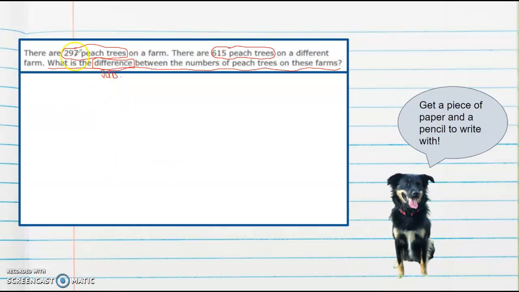So we know that we have the number 297 and 615. It's important to know here, guys, that when you're stacking these numbers, even if 297 is the first number in the question, you cannot stack that number on top, because the bigger number needs to go on top. 615 is bigger than 297, so this would not be correct.